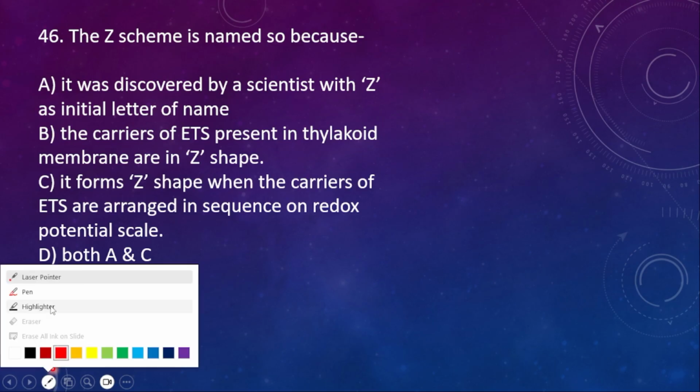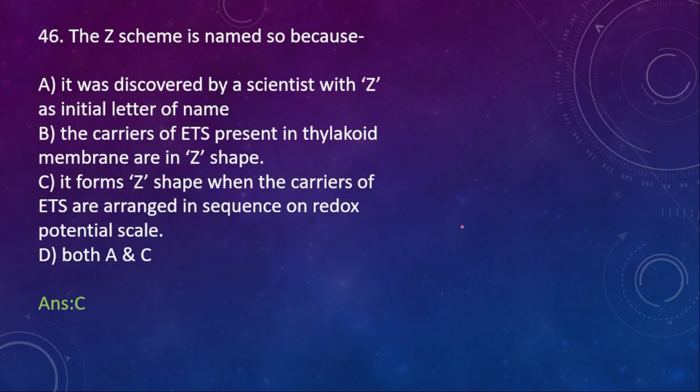When I say this is PS2 and this one is PS1, photosystem 2, photosystem 1. If the electron is excited by light, it moves uphill, isn't it? And after the excitement, when it is accepted by the primary acceptor, again it is going to move downwards.